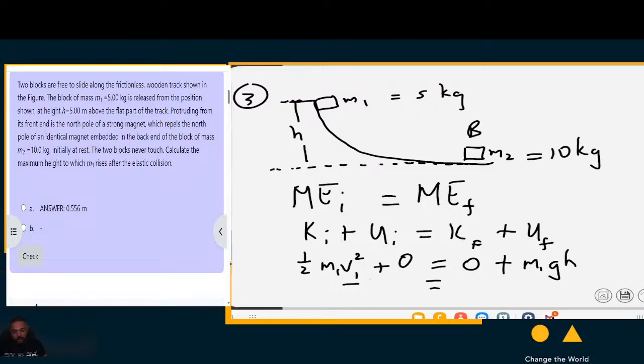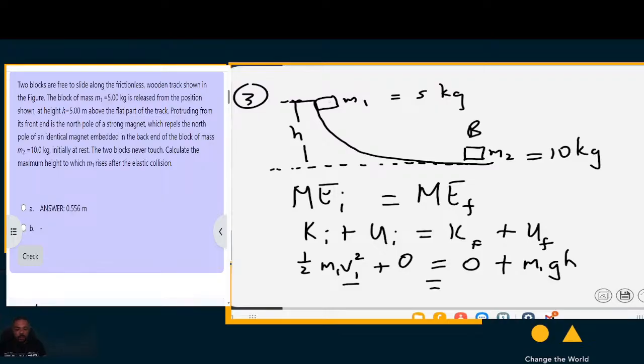We have its mass, and we have the height it moves from, h. It's released from a position 5 meters, so h is 5 in this case.